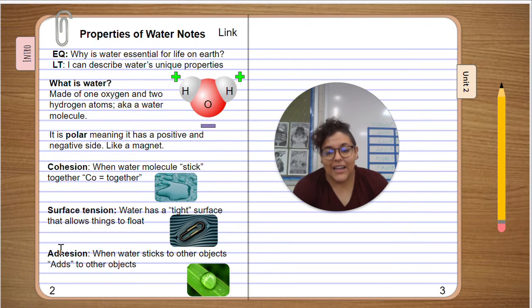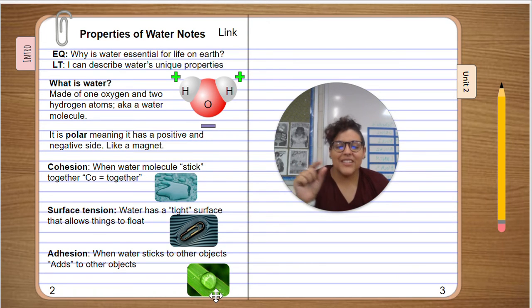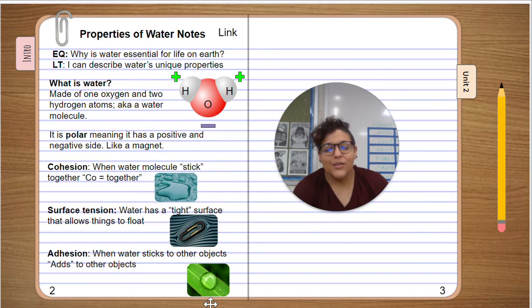Add, so it's adding to other objects, and that's why you'll see like water droplets stick on top of other things like this leaf after it rains, or if it's really dewy in the morning, you'll see these water droplets on top of things, and that's because of adhesion. It allows it to be on top.